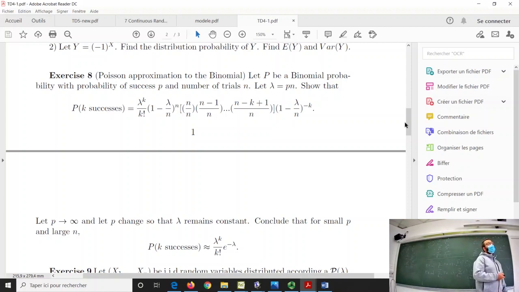So if I want to make it go to plus infinity, a little bit complicated, okay? It's 0 that you have to replace here. It's p goes to 0, not to plus infinity. The approximation we are going to obtain is an approximation for big n and small p. Okay? A big number of trials with a probability of success that is small.